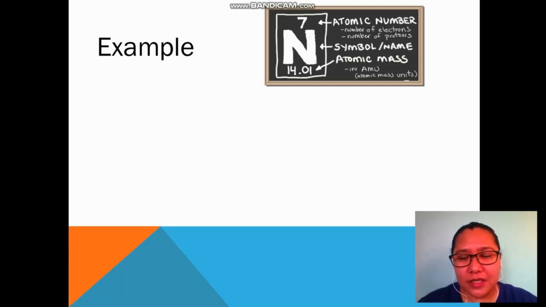It is written as the atomic weight on your periodic table. As an example, we have nitrogen, whose atomic mass is 14.01. This is expressed in AMU, or atomic mass unit. So it helps to have your periodic table with you.